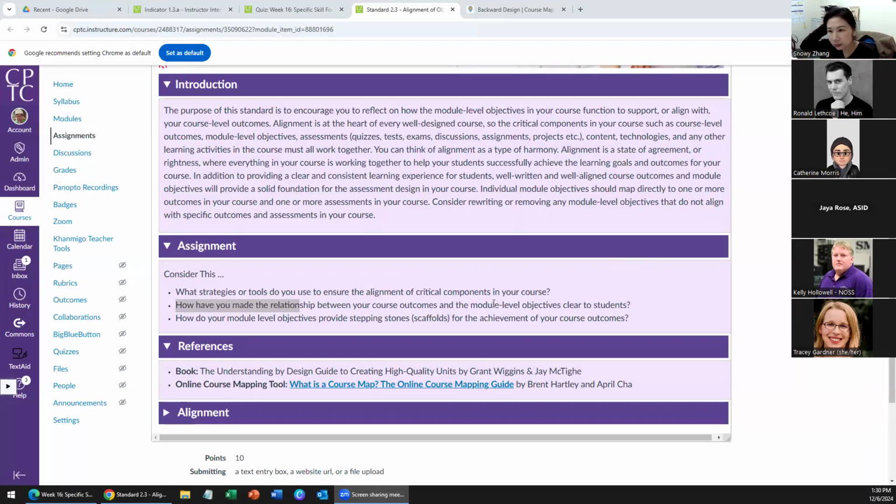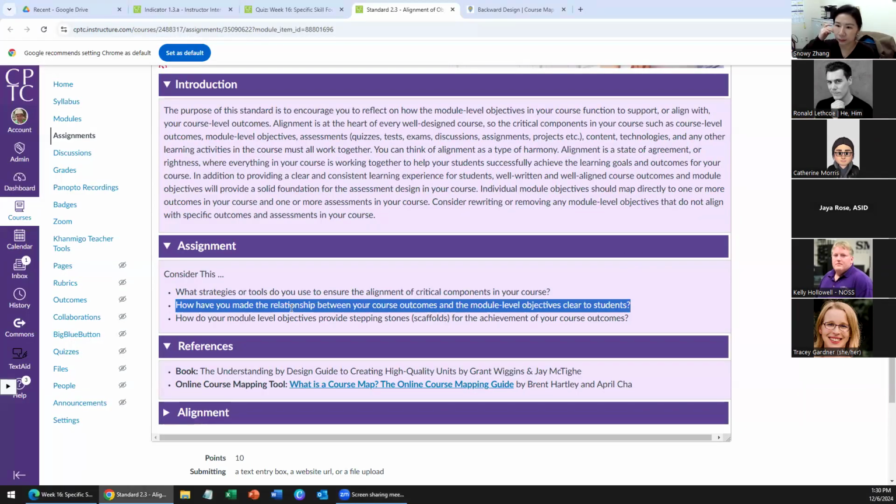So the next question here is, how have you made the relationship between your course outcomes and the module level objectives clear to the students? We've talked a lot about it. You have your course learning outcomes. We've been working on objectives for each of the individual lessons.